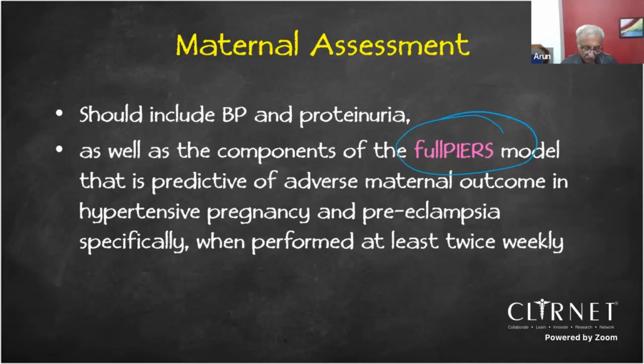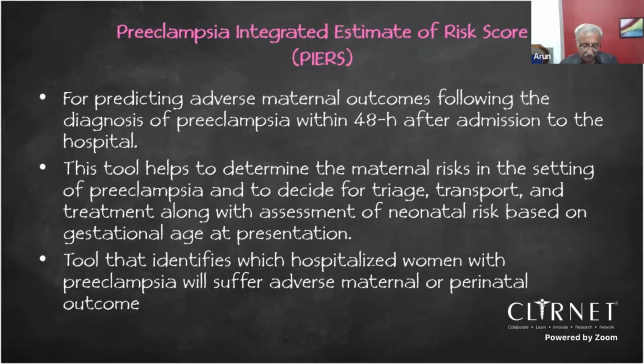It predicts adverse maternal outcomes in hypertensive pregnancy and preeclampsia, specifically when performed at least twice weekly. It should include blood pressure, proteinuria. It is done for predicting adverse maternal outcomes following the diagnosis of preeclampsia, within 48 hours after admission to the hospital.